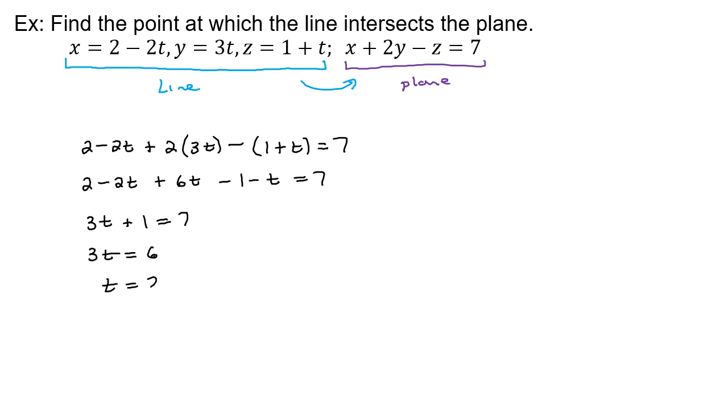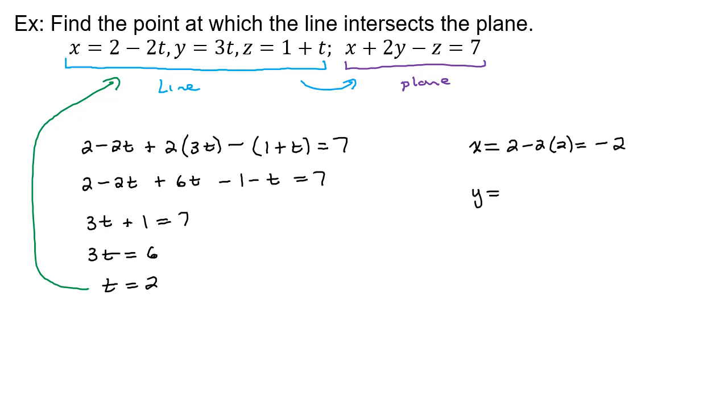So t was 2. And so if t is 2, then I just have to plug this t value back into the line. And so x would be 2 minus 2 times 2, which would be 2 minus 4, which is negative 2.